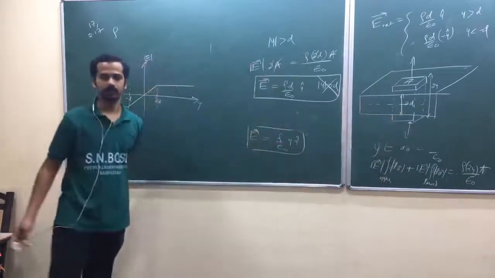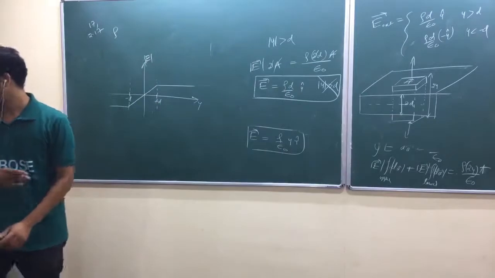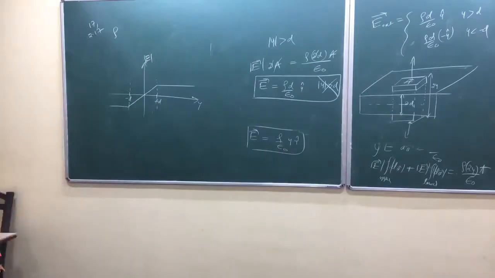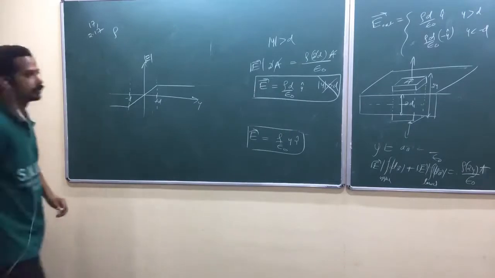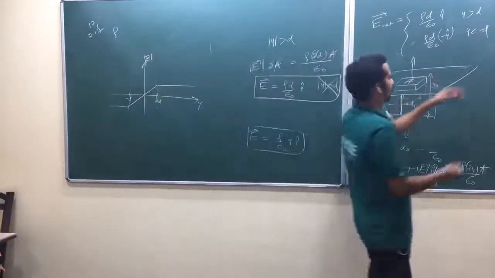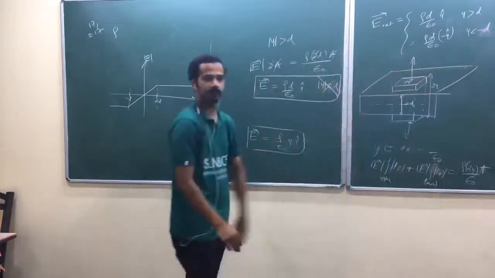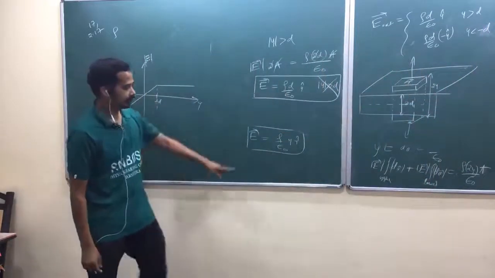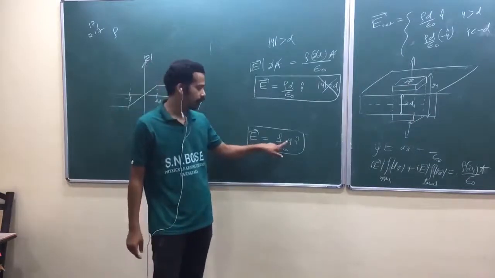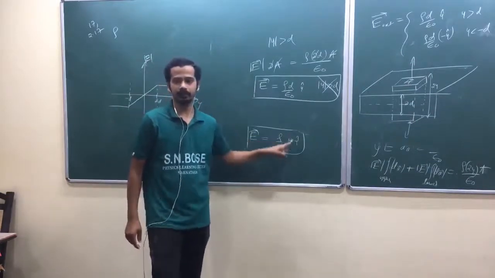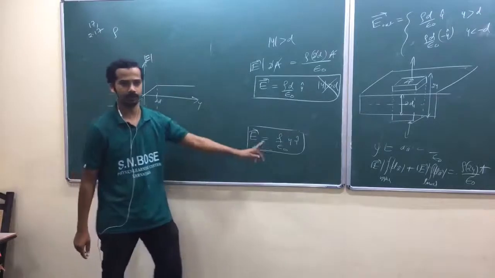You have to initially argue our electric field should be away from this slab, wherever you take. So that's why, in the region below this slab, y less than minus d means below this slab. But in between it will take care, look at here, this y variable will take care of the direction. You don't have to worry about that.